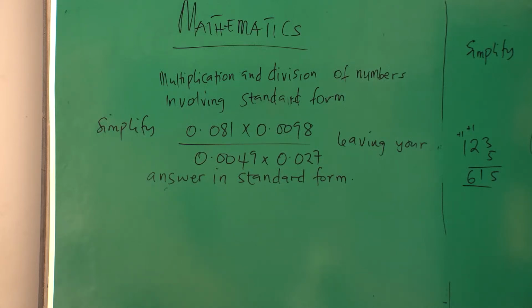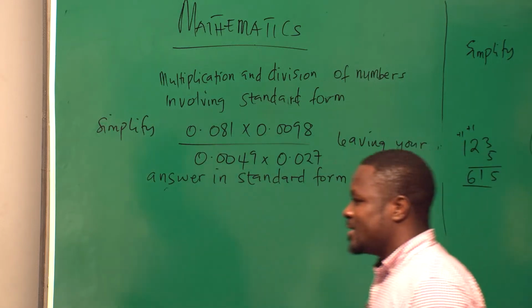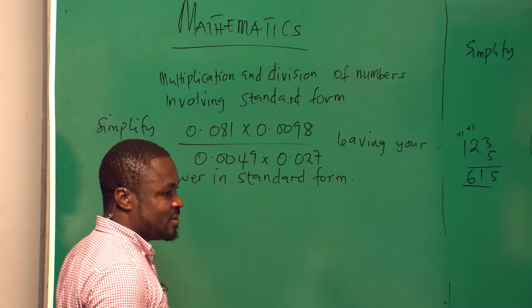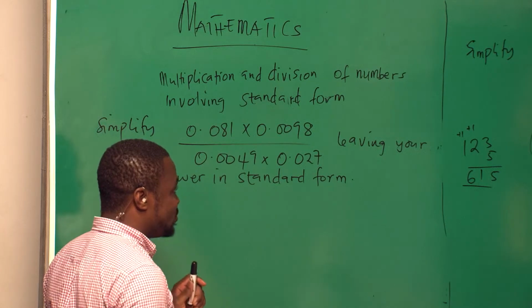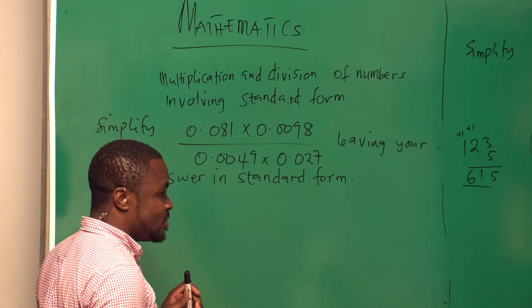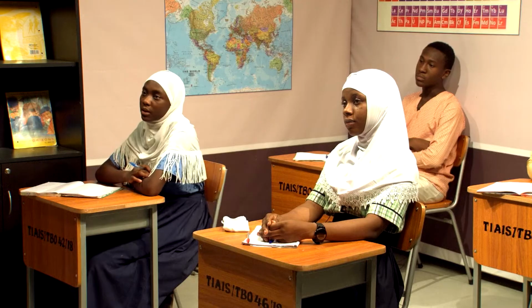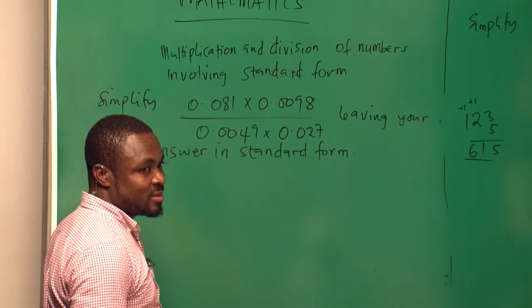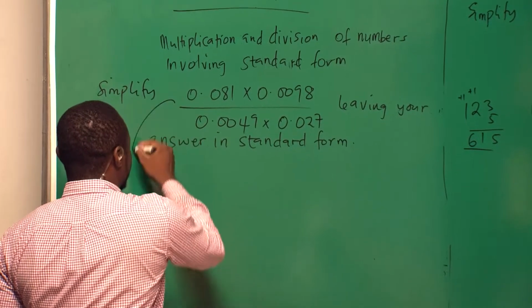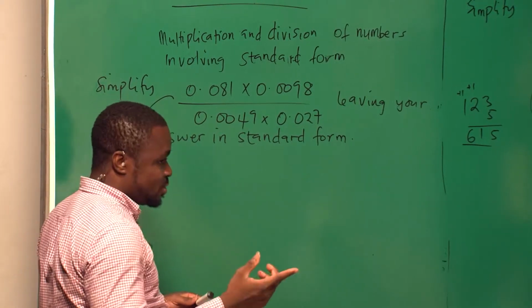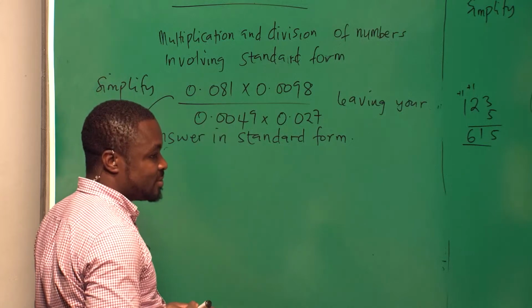Now, based on our previous knowledge, what we did earlier, multiplying numbers involving standard form. What did I say, Asifa? The first thing to do is to write them as what? Sir, please, you write them as whole numbers. So we will rewrite this. Perfect. Okay, continue. How do you write the first one as a whole number?